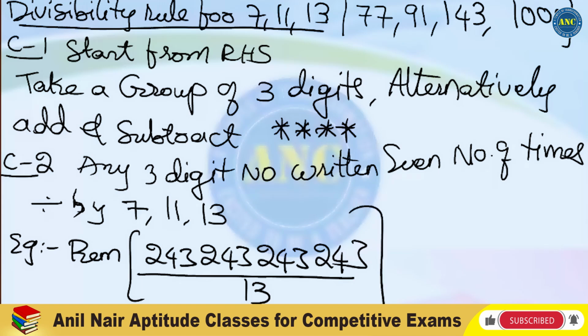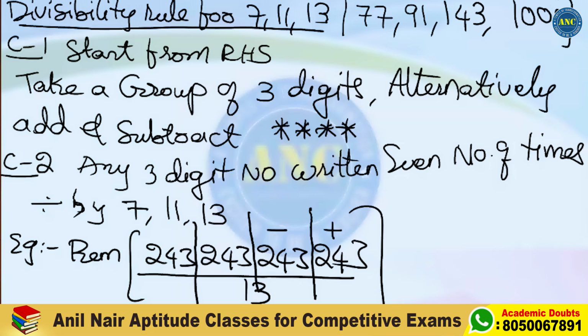What is the divisibility rule for 7, 11, 13? Start from right hand side. Take a group of 3 digits. Alternately add and subtract. 243 minus 243 is 0. Again 243 minus 243 is 0.